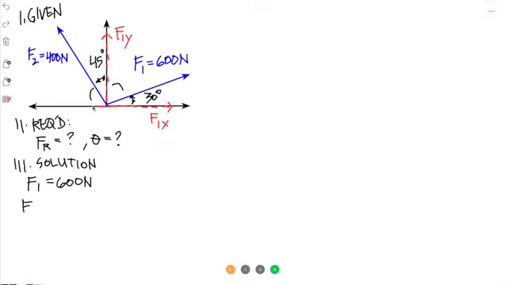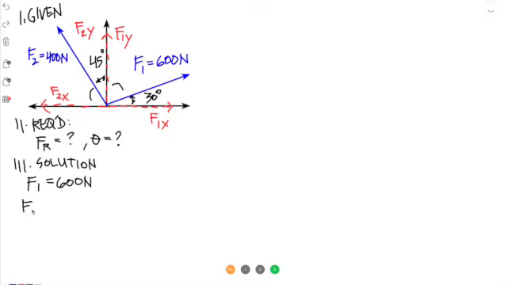Let me also write here the components we are looking for F2. This is F2x, it's clearly negative, and we also have F2y.